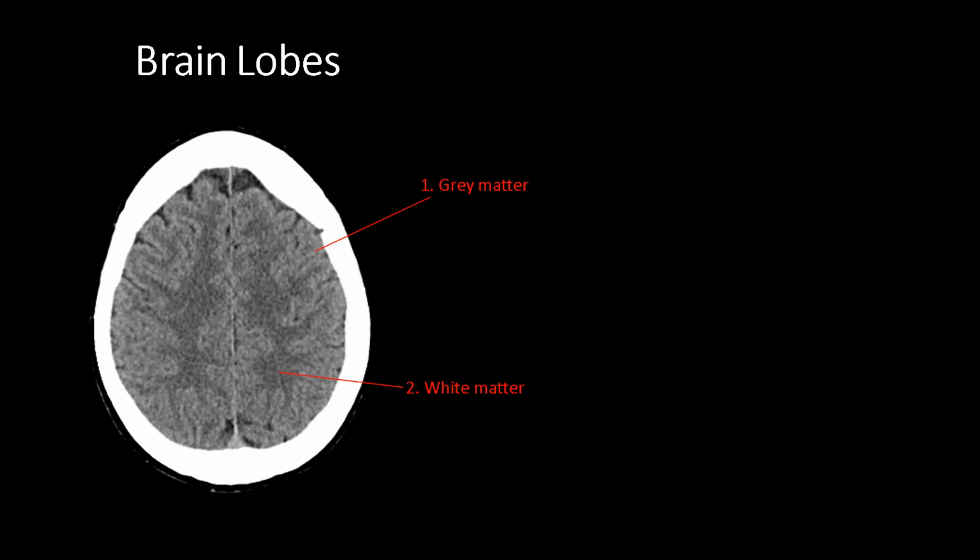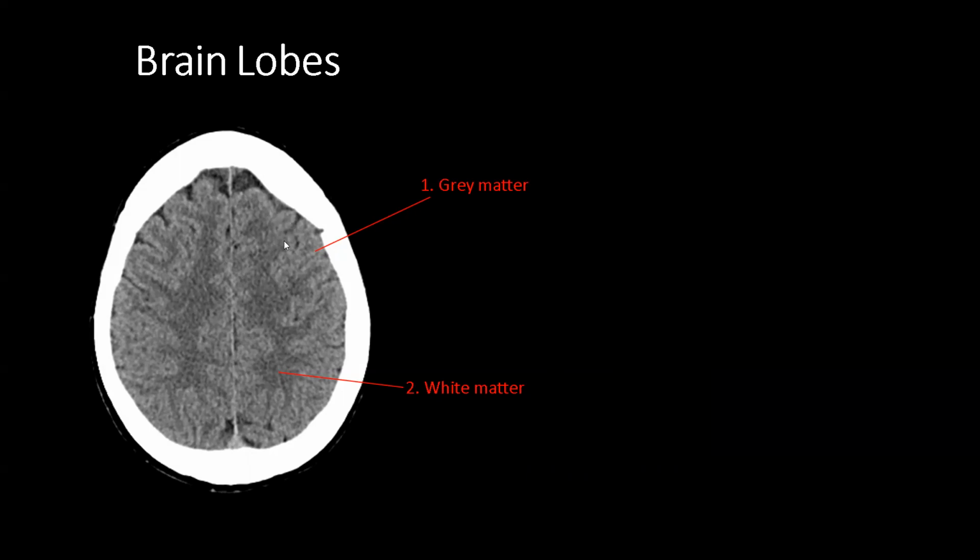So moving into the actual brain structures, the first thing that we can talk about is the brain tissue itself, and specifically the lobes of the brain. But before we do that, we can talk about the actual material that makes up the brain, and that's gray matter and white matter. So you'll notice when you look at a CT, you can see two different attenuations of the brain tissue.